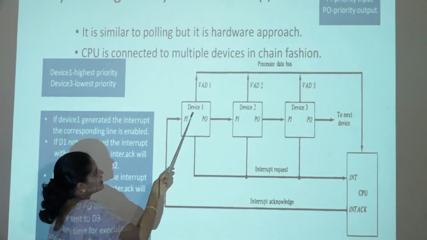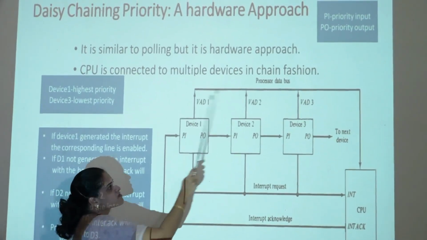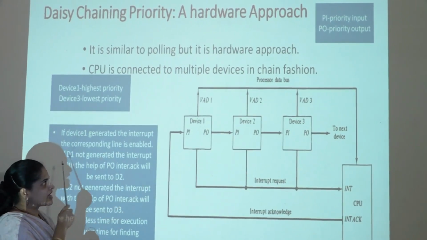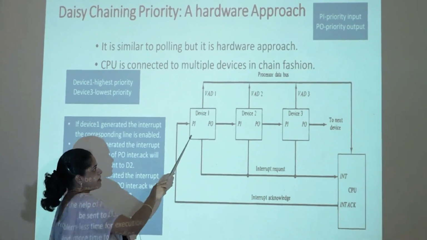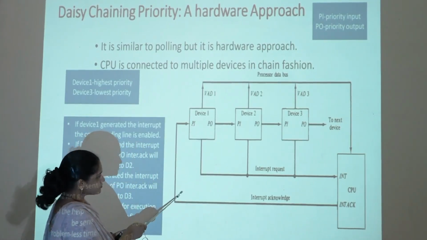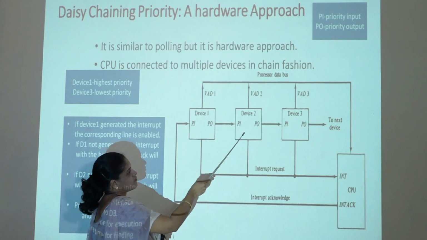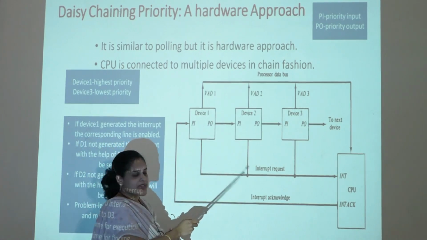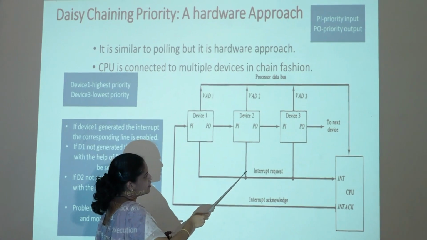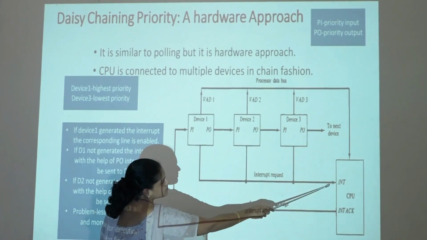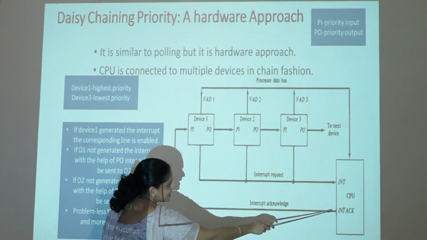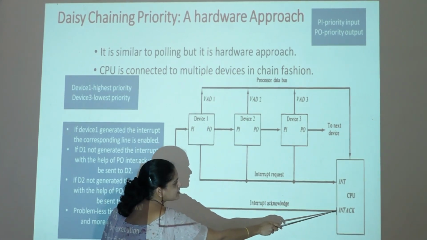If you see here, device 1 is a high priority device, whereas device 3 is a low priority device, connected in a chain from high priority to low priority. For example, if device 2 wants to interrupt the CPU, it will enable the interrupt request line. Whenever the CPU finds that this particular line is enabled, it will send an interrupt acknowledgement signal.